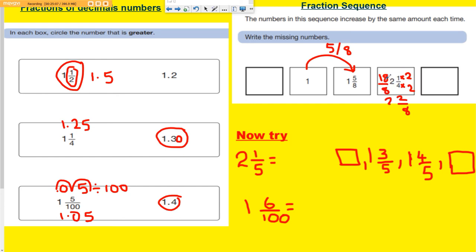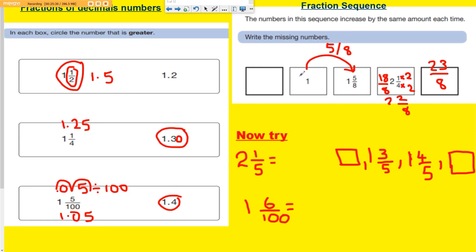Okay, so if this is 18 upon 8, then we move to the other side. We're going to add 5 upon 8 to it. So 5 plus 18, we get 23 upon 8.